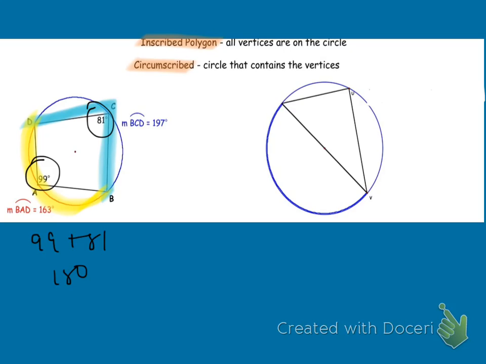Because the entire circle, let me erase this so we can see it a little bit better. Half the circle is intercepted by angle A. The other half of the circle, DAB, is intercepted by angle C. So the entire circle, 360 degrees, is intercepted. So half of 360 degrees is going to make 180 degrees, right?